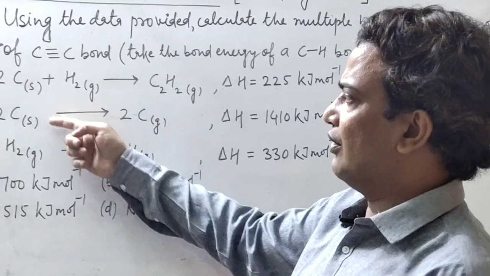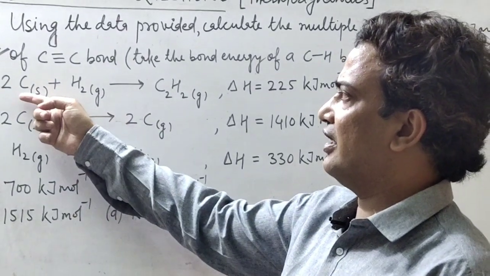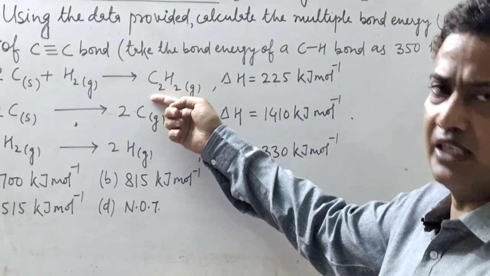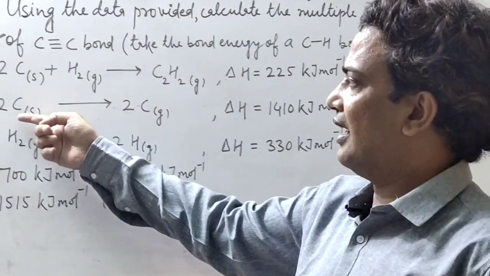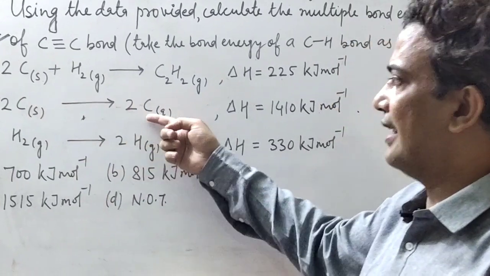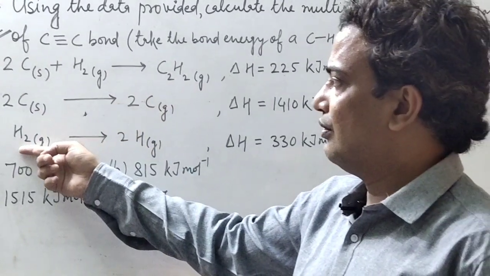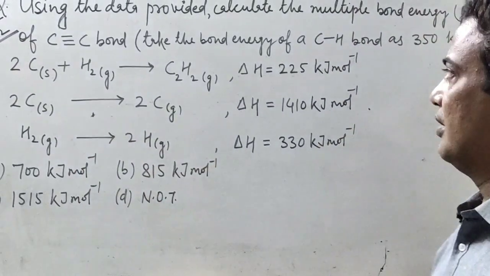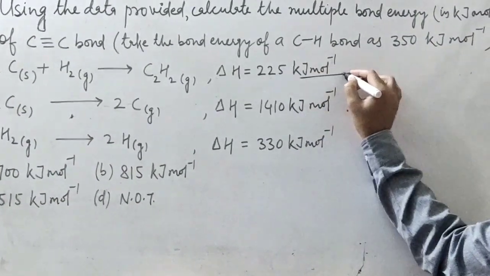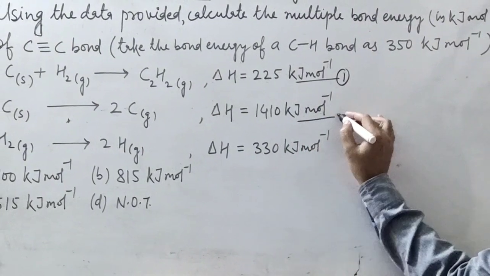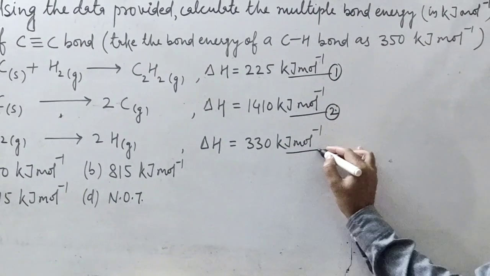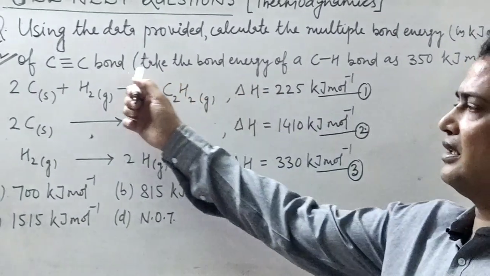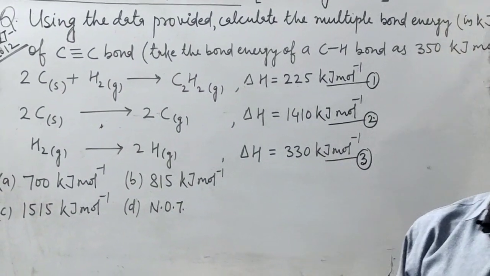These are the data given to you, in which first reaction, carbon reacting with hydrogen to give C2H2, ethyne or acetylene, carbon converted from solid to gaseous state, H2 converted from molecular form to atomic form. Say these reactions are numbered as 1, 2 and 3.